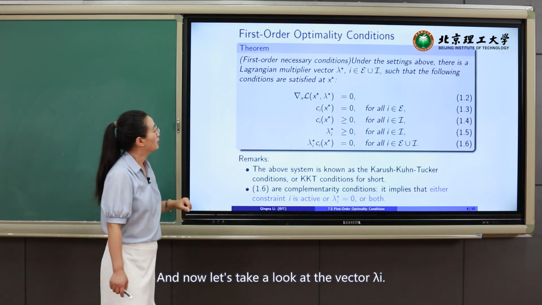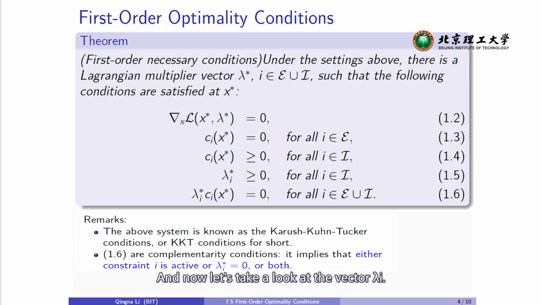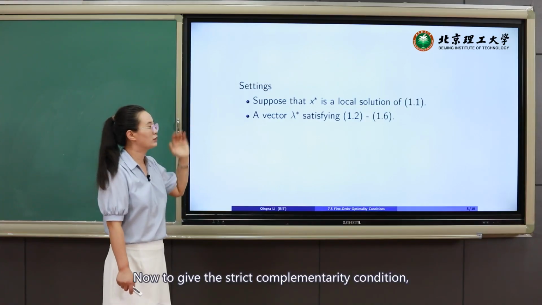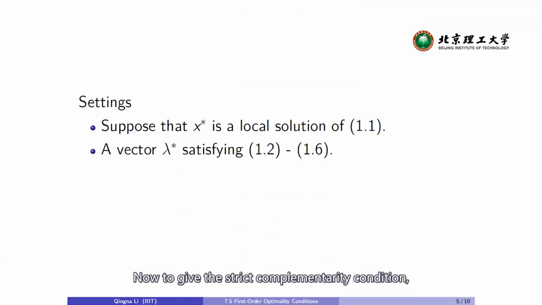And now let's take a look at the vector lambda. We give it the name Lagrange multiplier. If you have inequality and equality constraints, then this lambda has the same dimension as the number of all constraints.